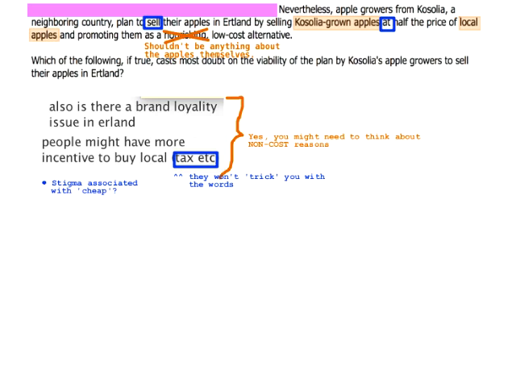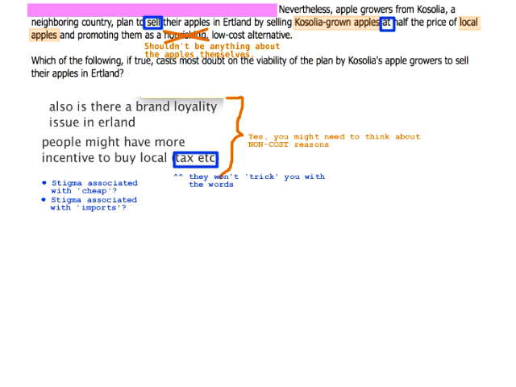Also, is there a stigma associated with non-domestic products, right? If people are xenophobic about what they eat, right? Imports, maybe they don't want. Like all of these would be reasons why they won't buy. Okay.